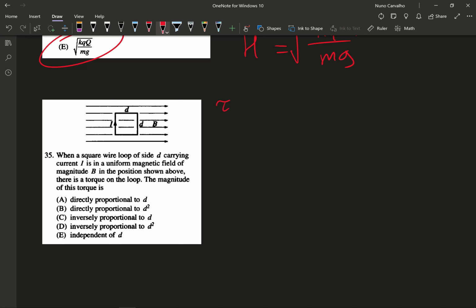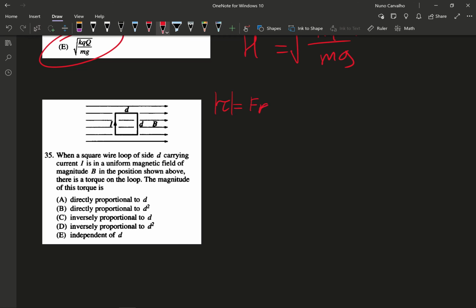Well, torque from your mechanics is going to be given by this formula right here, where it's F cross R, but really we just care about the magnitude, so we could just think of it as F times R, and the cross product will just be the sine, sorry, cosine of 0, which is 1.